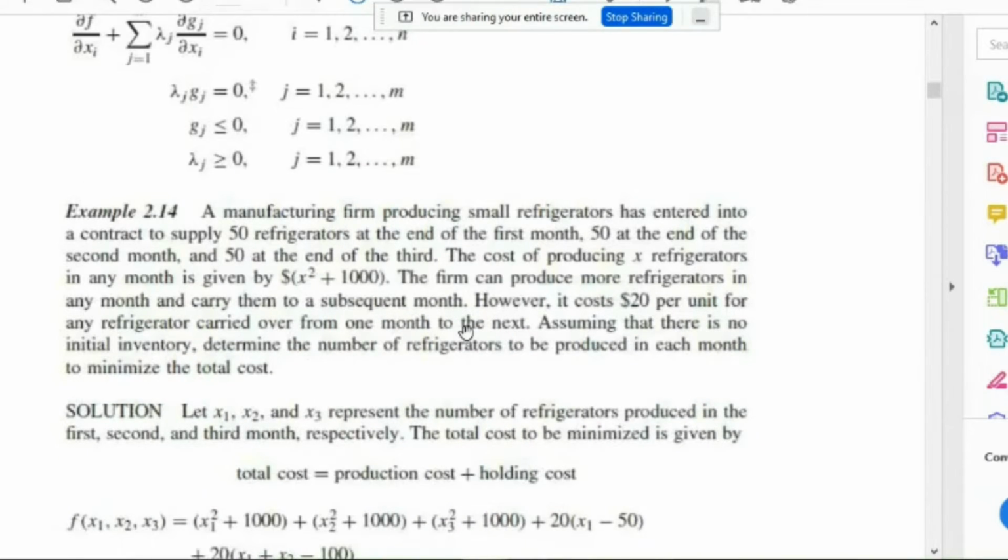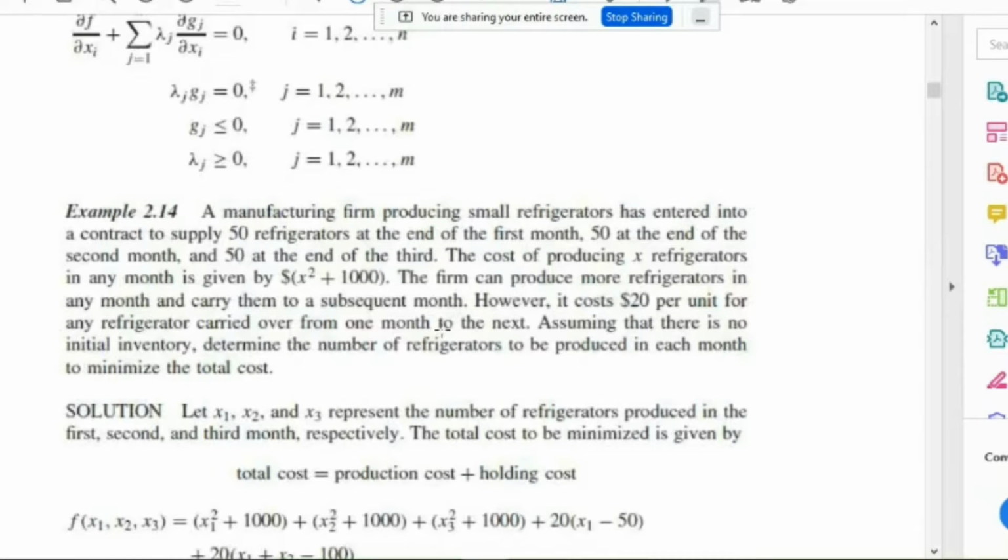So, a simple problem from the given exercise from S. S. Rao, right? There is an agreement to supply 50 refrigerators at the end of each month, that is, for the end of the first month, second month and third month. The cost of production of each refrigerator, X refrigerators, is also given, and the carrying cost is also given.